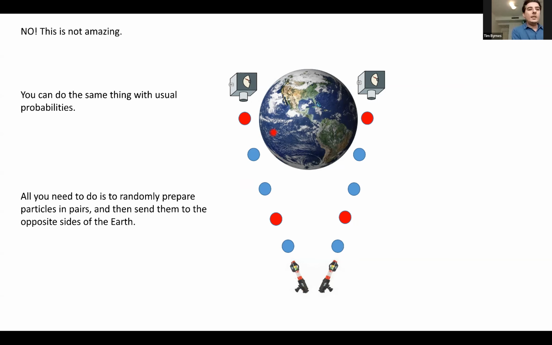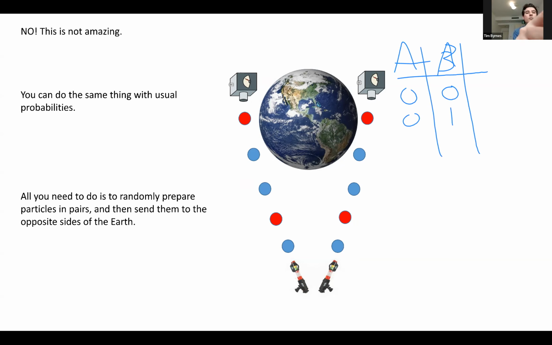Okay, so this will produce a pattern of correlations where, if you look at all the different outcomes of Alice and Bob, so 0, 0, 0, 1, 1, 0, 1, 1, and then look at the probabilities, you'll get exactly the same kind of thing as what we just talked about, right?